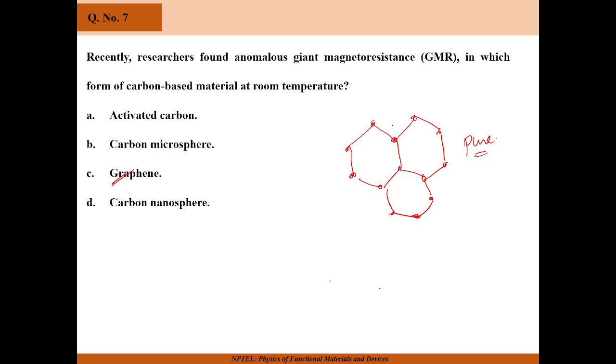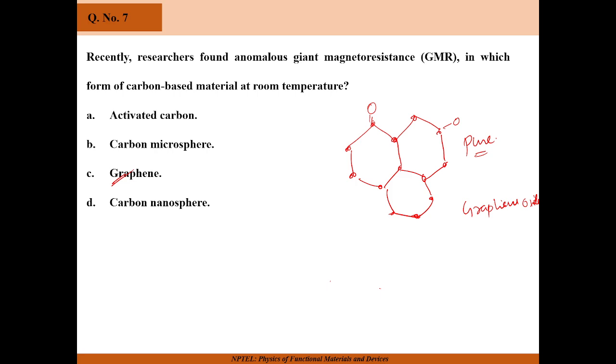So what we do is create a structure which has some functional groups attached to it, called graphene oxide. Graphene oxide is graphene with functional groups attached to it. In most cases, instead of directly synthesizing graphene, we go for graphene oxide.